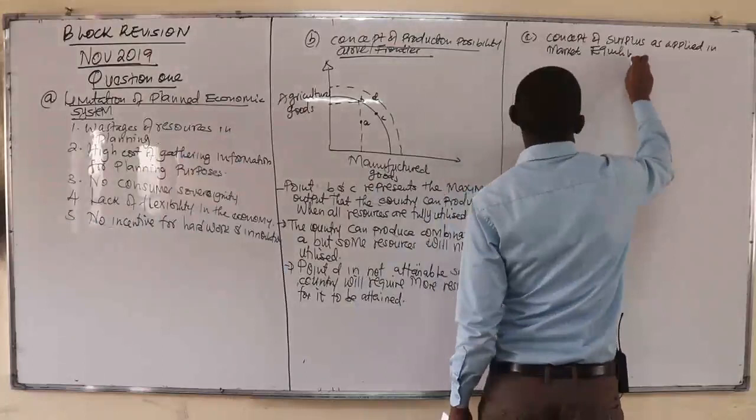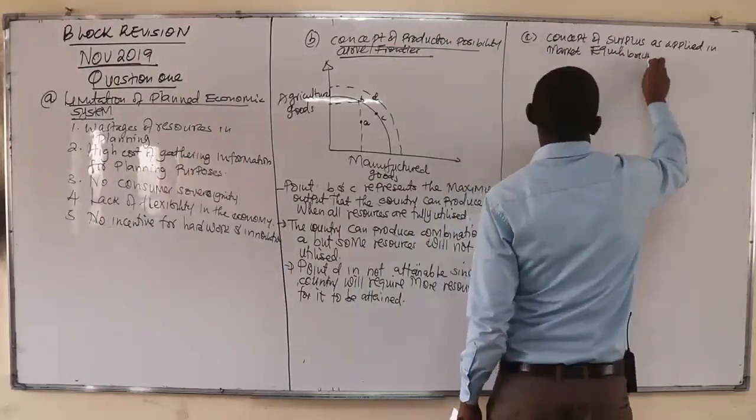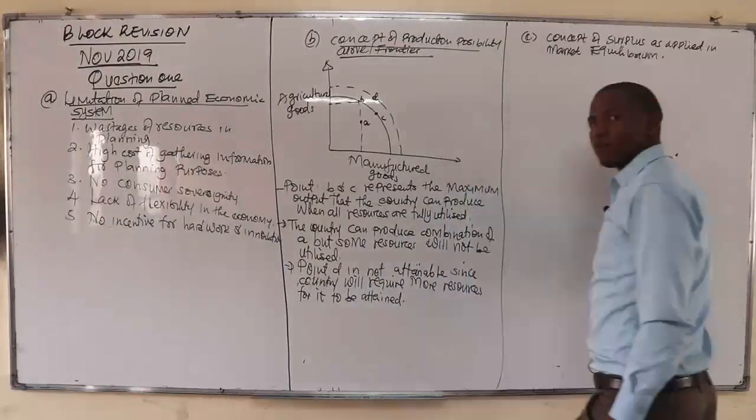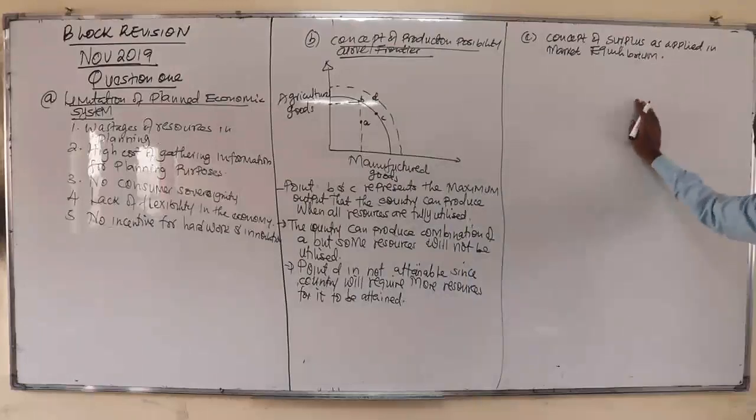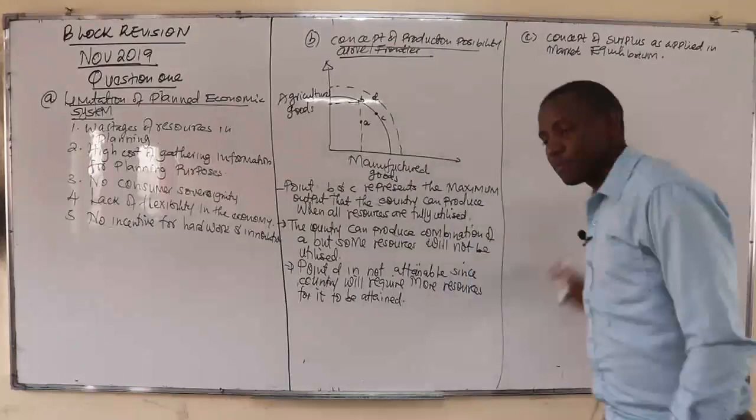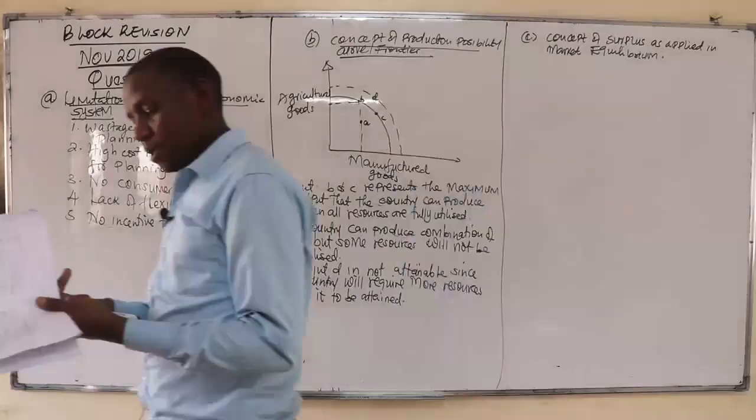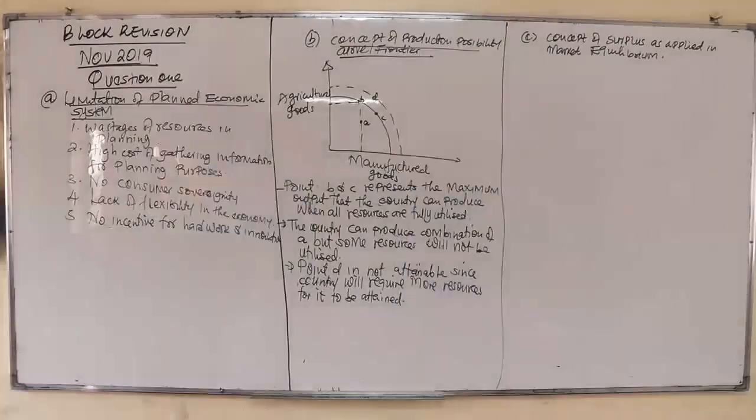Now, to explain this, you can use what we call the stable equilibrium. And how do you draw the stable equilibrium? Now, what is a stable equilibrium?